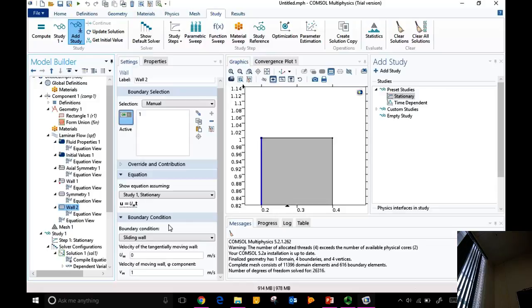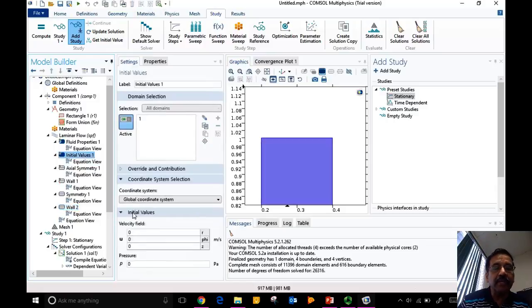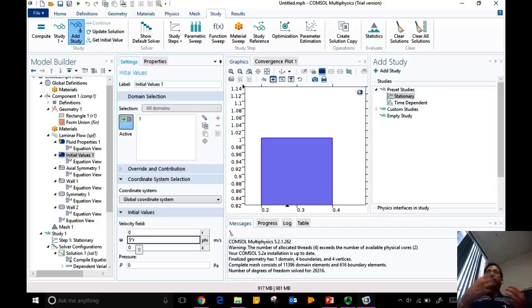The inner radius is at 0.2, which is 5. So if I specify the initial condition as 5 times R, where R is the variable for the radial coordinate, I can use the variable just like that. So when r is 0.2, this will be 1, inner velocity will be 1, and the outer velocity should be 0, right?